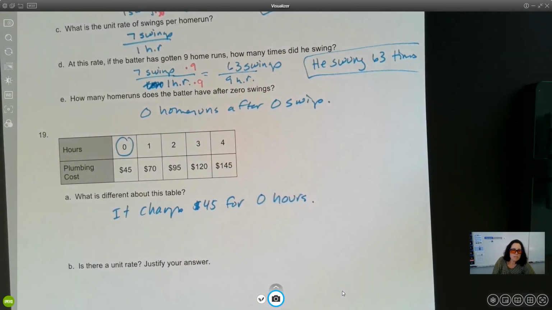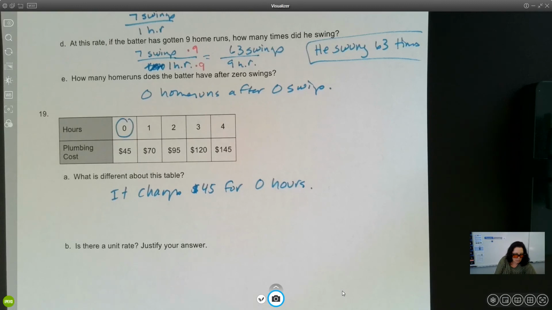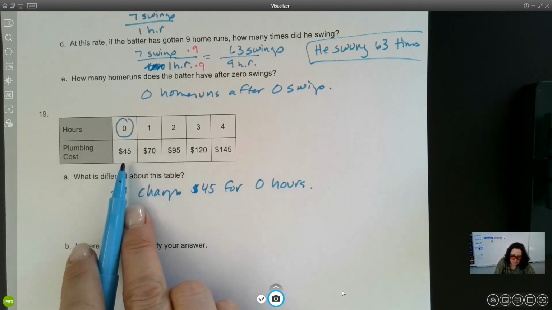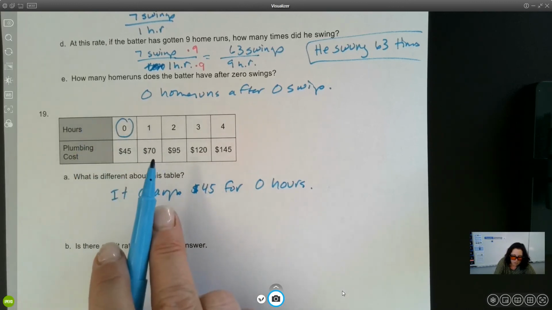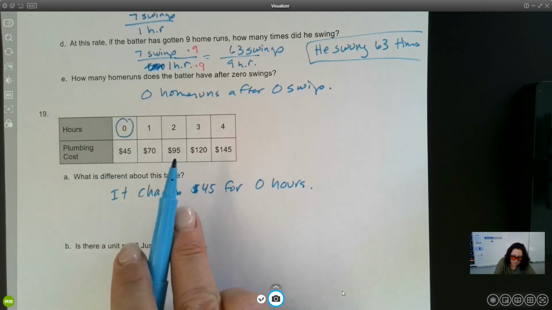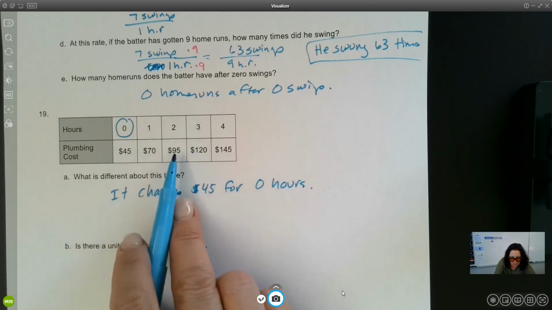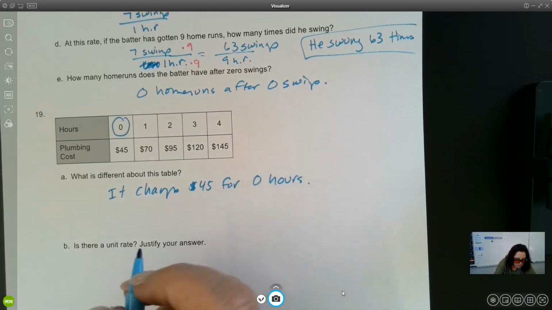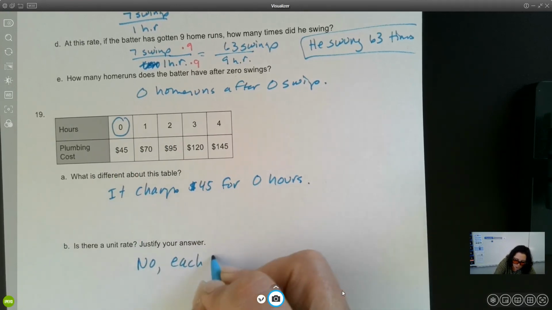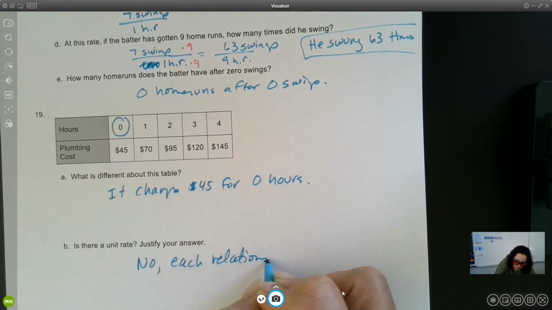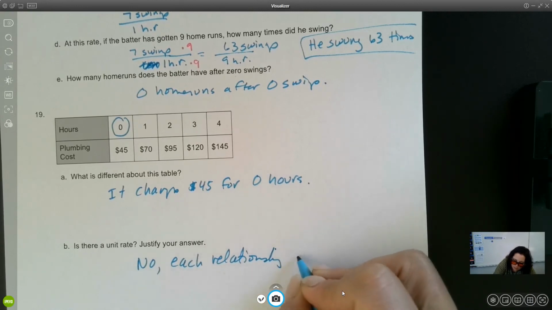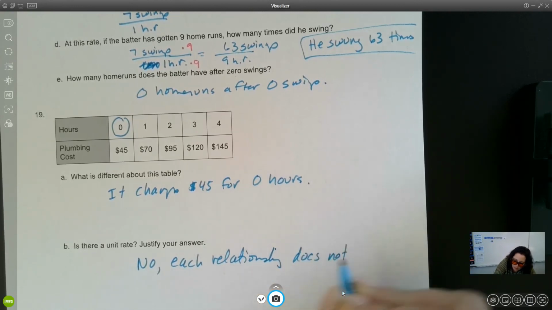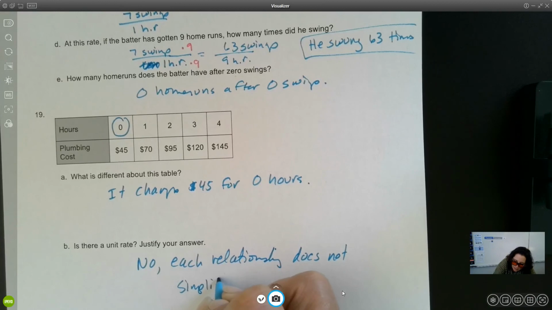That hasn't been the case in the others. Okay, is there a unit rate? Okay, this would be 45 over 0. This would be 70 over 1. 95 over 2, that would not be 70 over 1. Okay, so no. Each relationship does not simplify to the same unit rate.